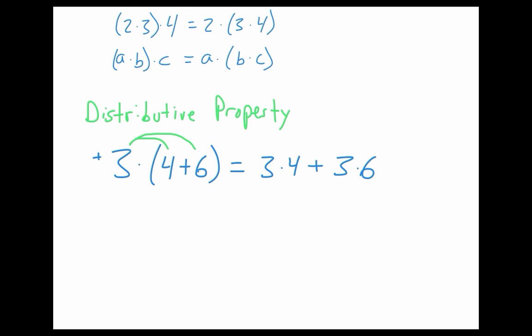If I stick with what's on the left and have 3 times 10, tells me my answer is 30. Thank you, Haley. Or you could do it this way here and say 3 times 4 is 12, plus 3 times 6 is 18, and 12 plus 18 gives me 30. So it shouldn't matter which way you do the problem, you'll get the same answer.